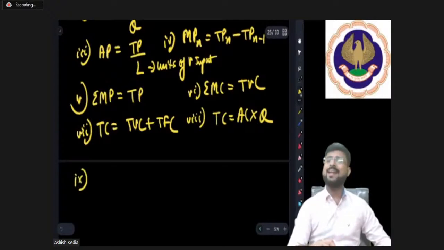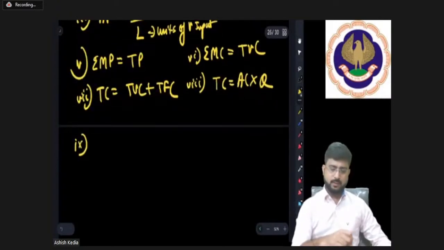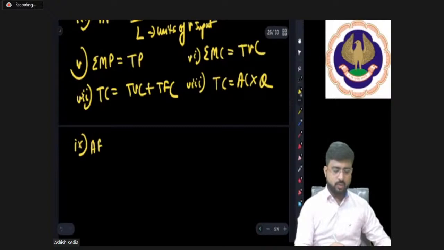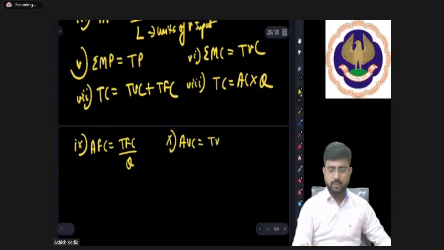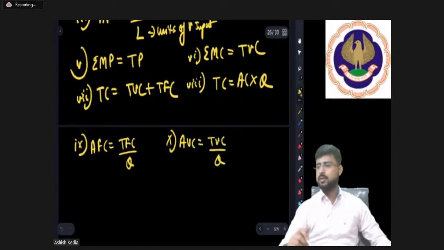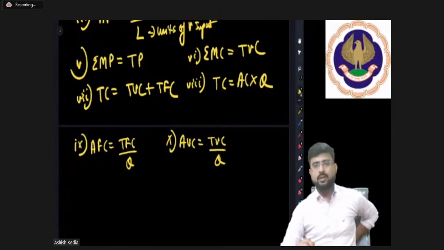Next, number 9: average fixed cost equals total fixed cost by quantity. Average variable cost equals total variable cost by quantity.